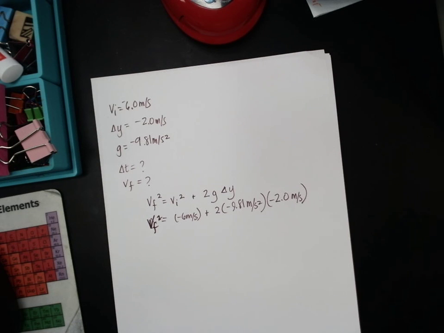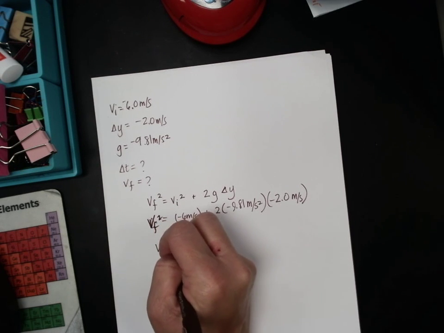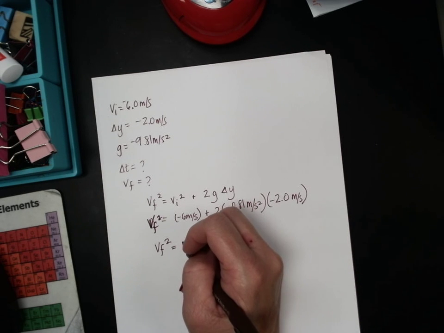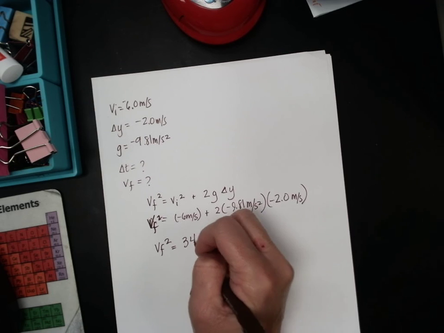So then it looks like I come up with VF squared equals 34, oh, no, wait a minute.